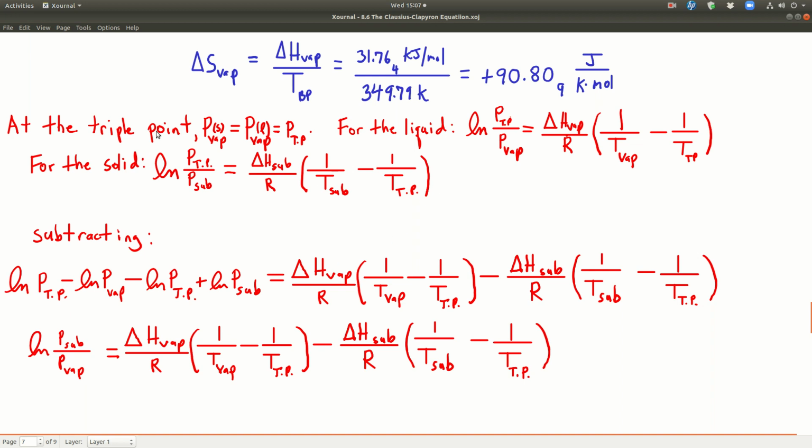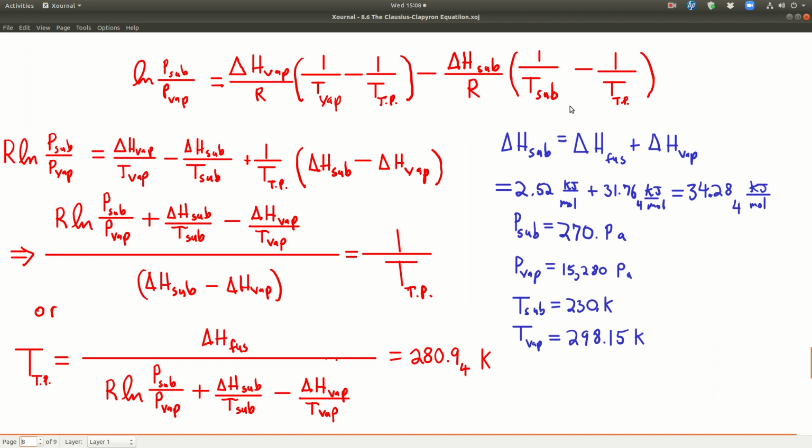But because the vapor pressure of the solid and the liquid are the same at the triple point, which is just the triple point pressure, this term here, which came from here, and this term here, which came from here, cancel. And on the left-hand side, we just get the natural log of the pressure for sublimation over the vapor pressure for vaporization. And when we subtract the right-hand sides of the equation, it's just this term minus this term. That's what we have over here. All right, so that's where we're at this point.